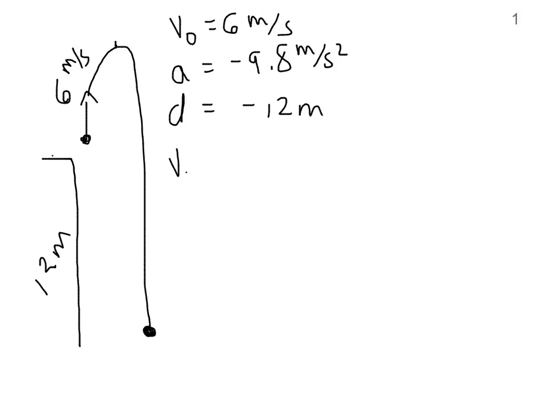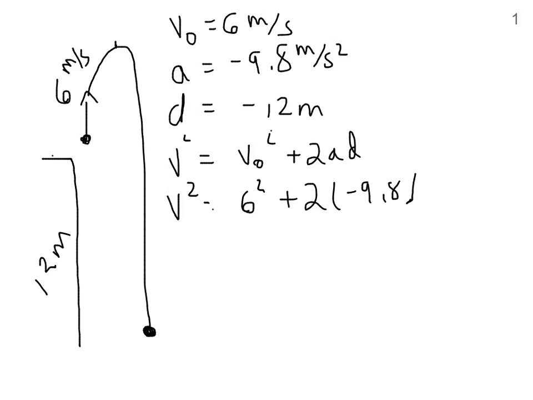I know that V squared equals V naught squared plus 2AD. V is what I'm looking for, so V squared equals 6 squared plus 2 times negative 9.8 times negative 12. 6 squared is 36. 2 times 9.8 times 12 is 235.2.